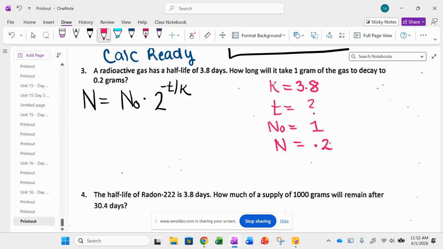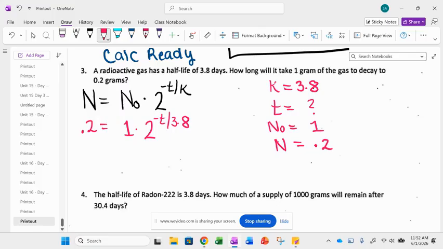N. So now that we know all of this and we only have one unknown, we're going to plug in 0.2 is equal to 1 times 2 raised to the negative T over 3.8 power. Isn't 1 times anything just itself?